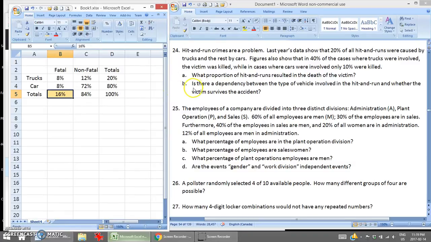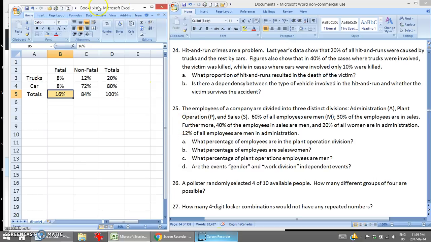That leads us to part B, trying to determine if the type of vehicle and the result of the accident are independent. So a test of independence is what we want to do to answer the next question.